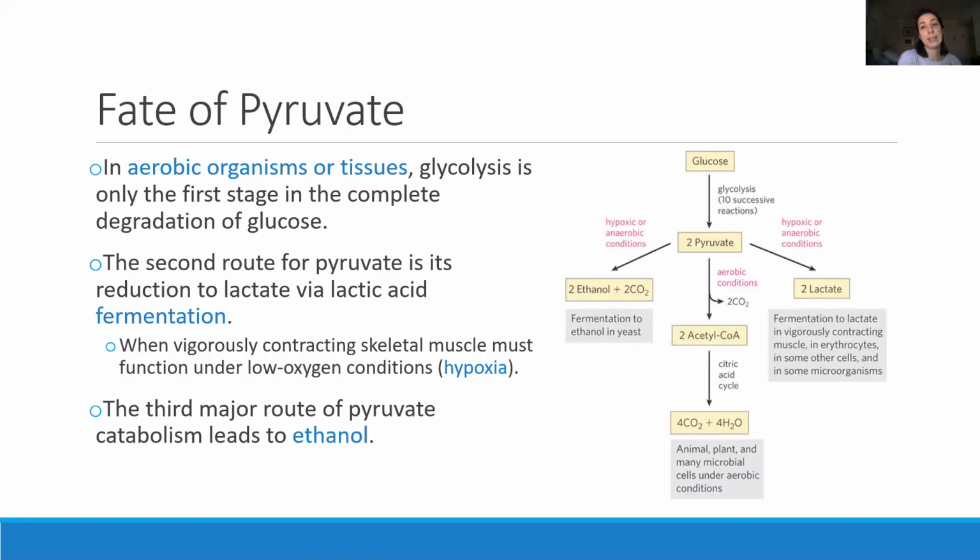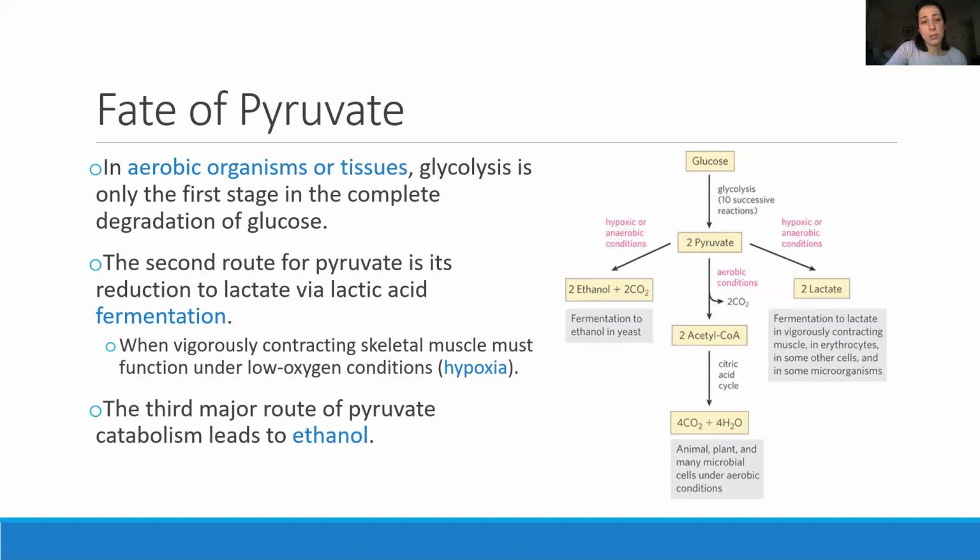So we're going to talk a little bit about the fate of pyruvate right now. Once you finish glycolysis and you've made this energy, you've made your ATP and you've made your NADH, you now have 2 pyruvates. And those pyruvates, as noted, can go on into further reactions.